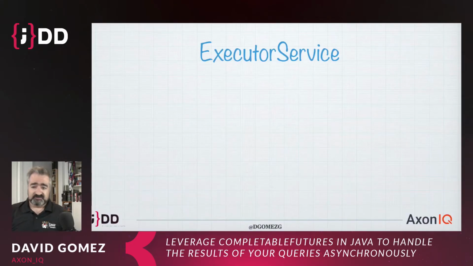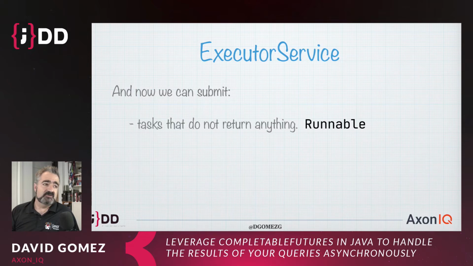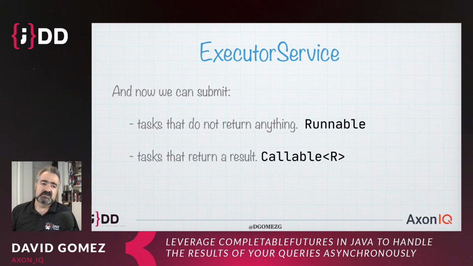The first thing that we have is the executor service. The executor service was added in Java 5, and it's a proper implementation of a thread pool, available in Java out of the box. The main thing is that instead of just running runnables, tasks that return no result, we can now also submit a different type of task called callables.